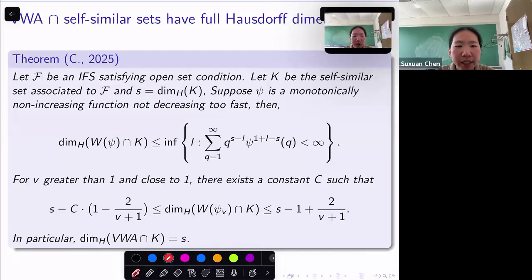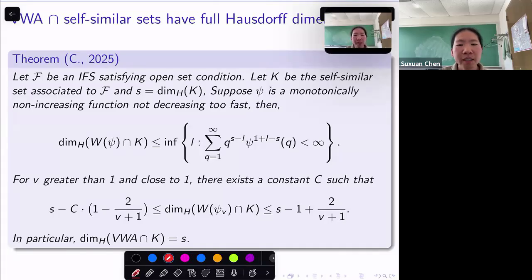And also for V greater than 1 and close to 1, we can find a lower bound for the Hausdorff dimension of W psi V intersect with K. There exists a constant C such that the Hausdorff dimension is bounded below by S minus C times 1 minus 2 over V plus 1. So the two differ by a constant C.